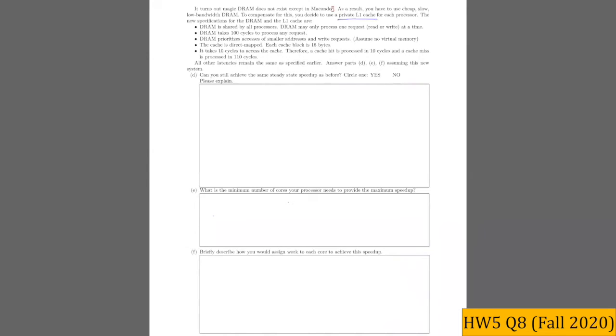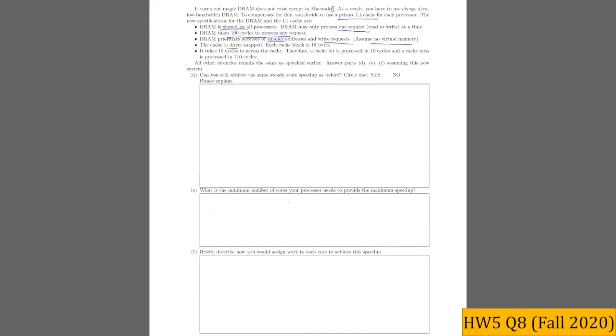The new specifications for the DRAM and L1 cache are: DRAM is shared by all processors. DRAM may only process one request, read or write, at a time. DRAM takes 100 cycles to process any request. DRAM prioritizes accesses of smaller addresses, and write requests assume no virtual memory.